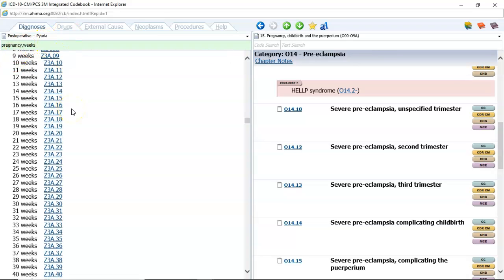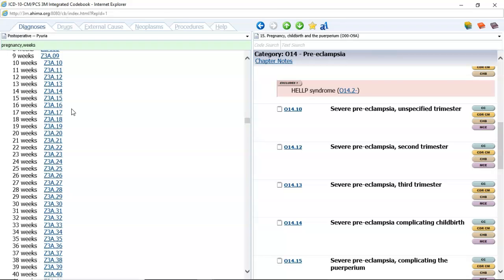There it is. And she did have a live birth. So Z37.0 for our outcome of delivery.